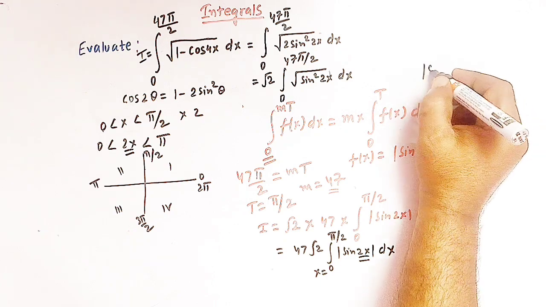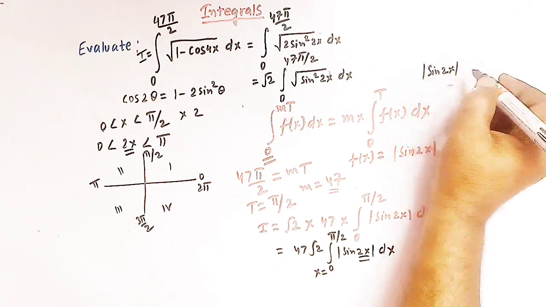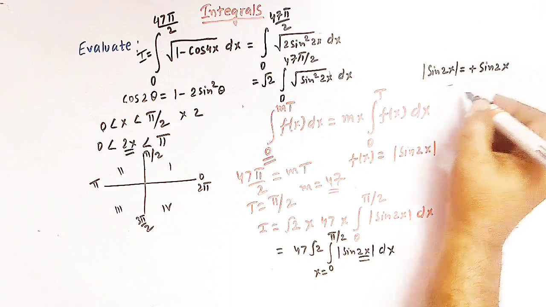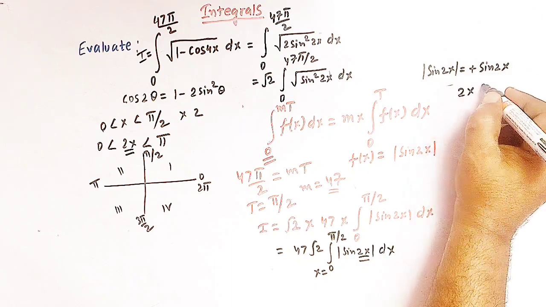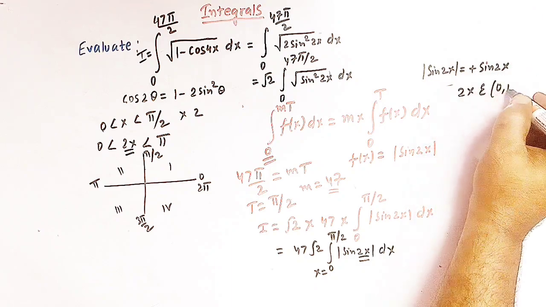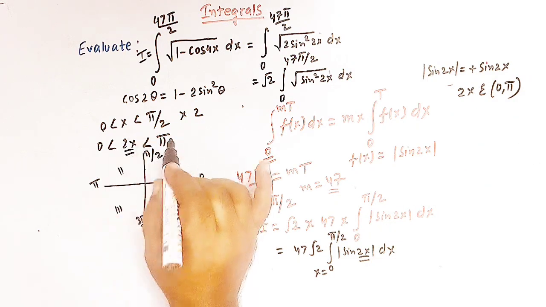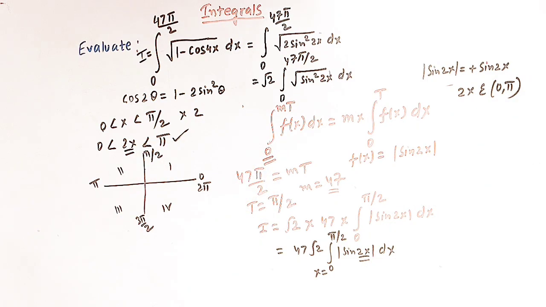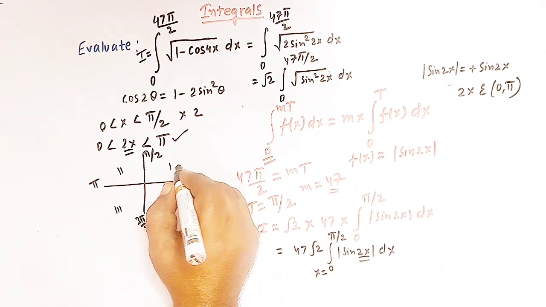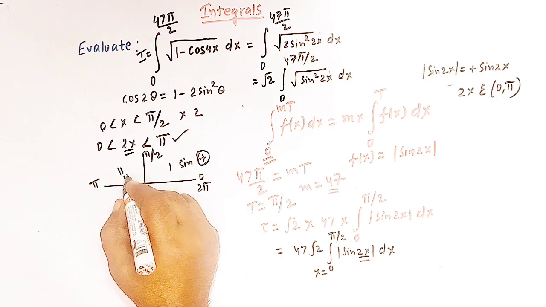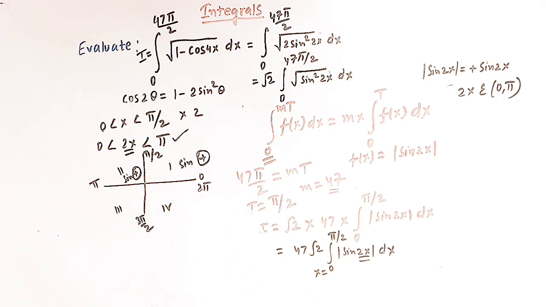So mod of sine 2x is equal to positive sine 2x when 2x belongs to the interval 0 to pi, as we have proved over here. So sine function is positive in the first and second quadrant, right?